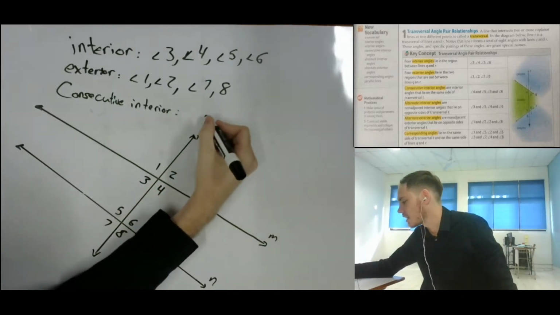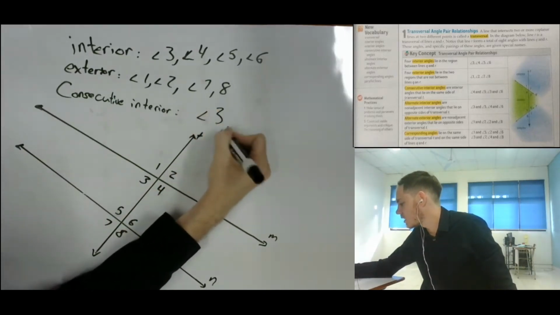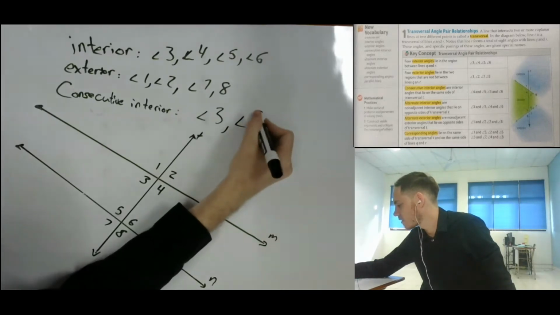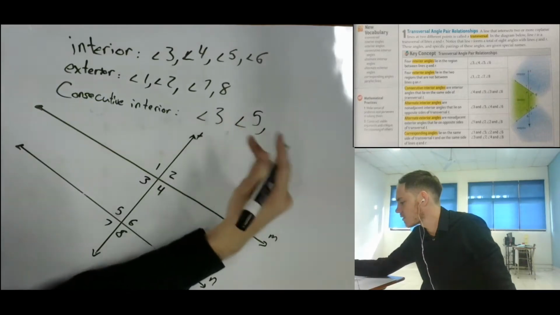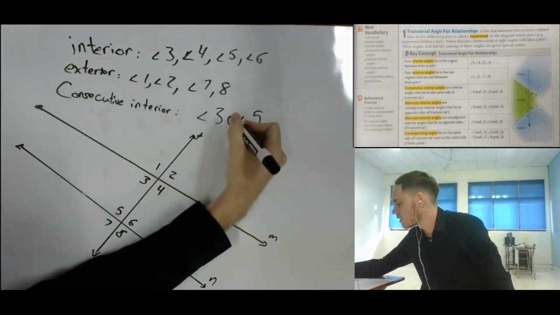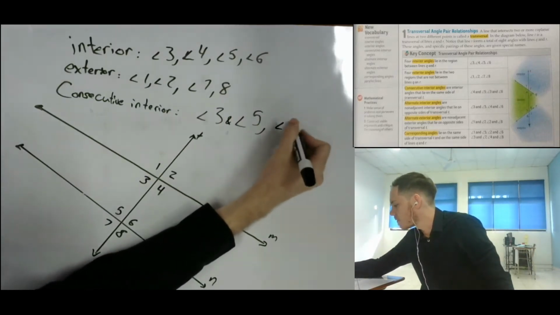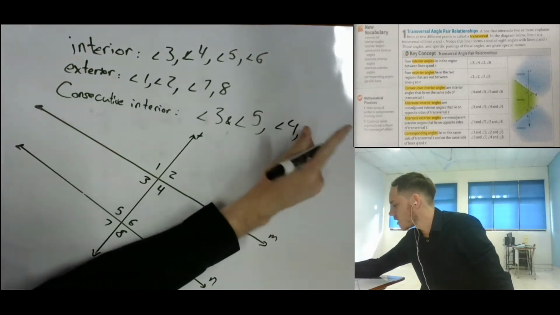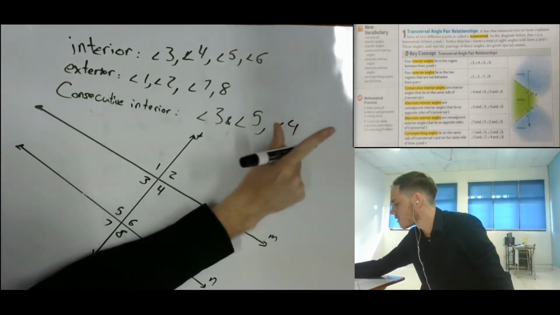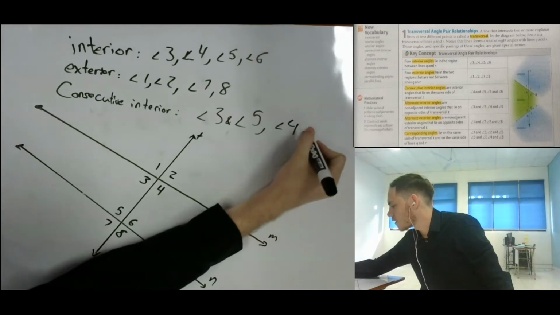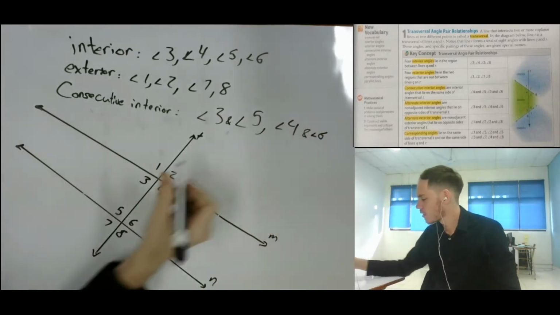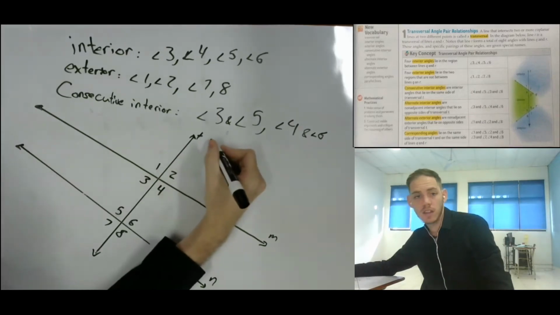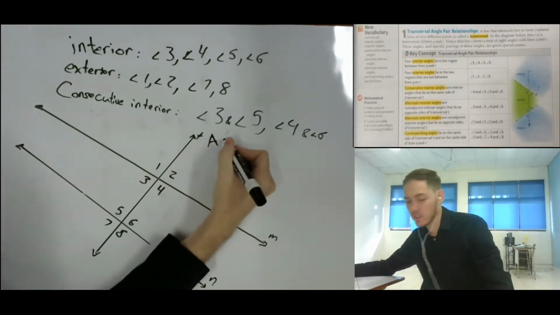In the book, it has a different drawing. 3 and 5, so these two are together, and 4 and 6.